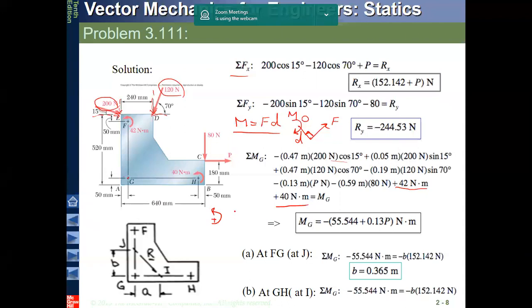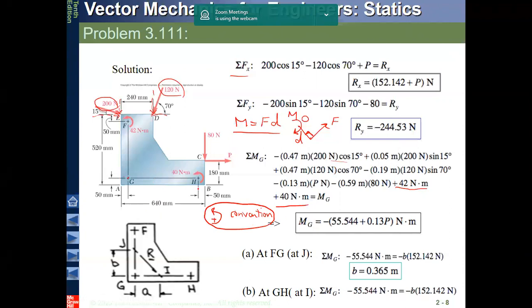So it's just a convention. Okay. Now we know both the resultant and the moment at point G.